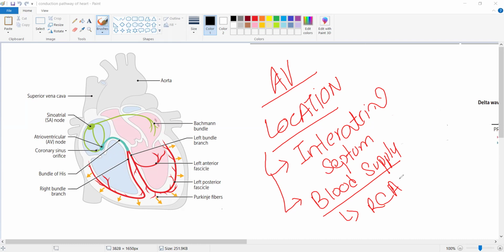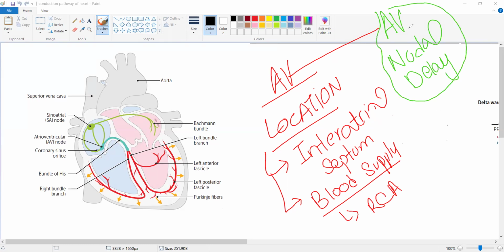In the AV node, there is an AV nodal delay. What is the significance of the AV nodal delay? It gives time for ventricular filling.